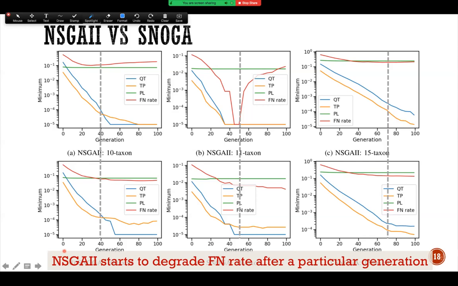On the other hand, due to our modification considering the two issues, SNOGA restricts the improvement of individual objectives after a certain generation, and it ensures the improvement of FN rate across generations.